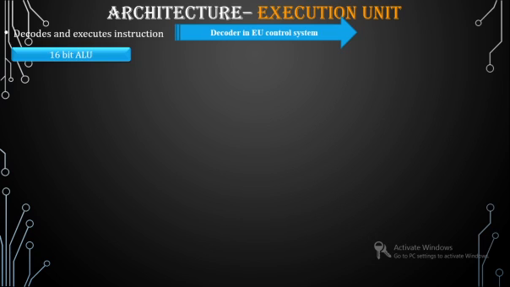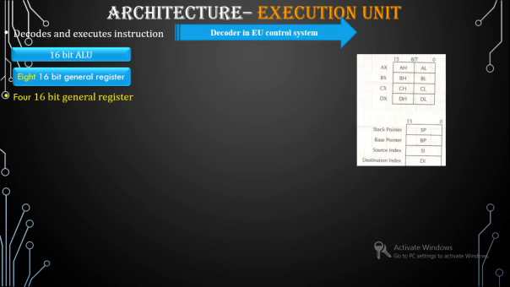And in the process of arithmetic and logic operation, or after the processing, the data has to be transferred or stored temporarily. So for that we require some registers. There are 8 16-bit general registers present in the execution unit. 4 of them are 16-bit general registers.